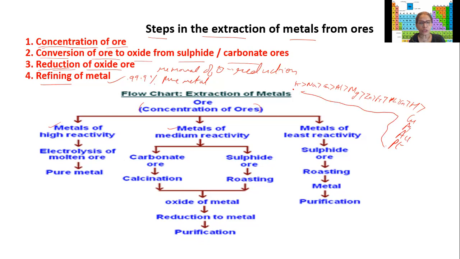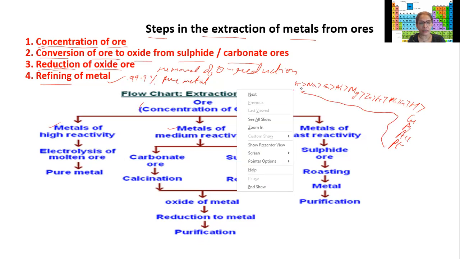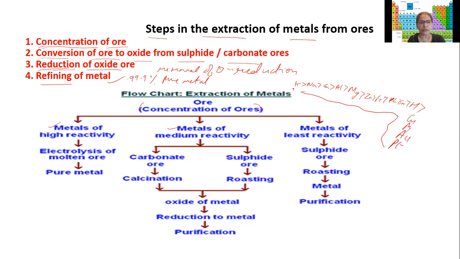So those metals which are high in the reactivity series, high is potassium, sodium, calcium. They are high in the reactivity series. Okay, so they are obtained by electrolysis of their molten ores. Fine. Then metals which are medium in reactivity, we're talking about zinc, iron. Even these we consider to be high only in reactivity.